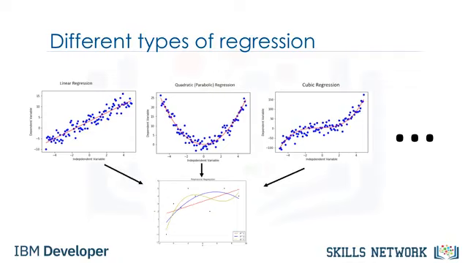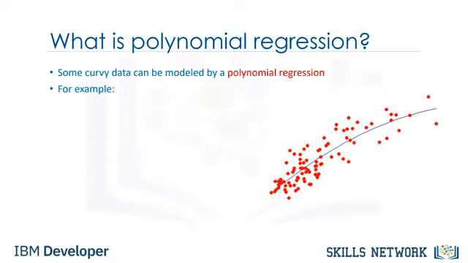In essence, we can call all of these polynomial regression, where the relationship between the independent variable x and the dependent variable y is modeled as an nth degree polynomial in x. With many types of regression to choose from, there's a good chance that one will fit your dataset well. Remember, it's important to pick a regression that fits the data the best.